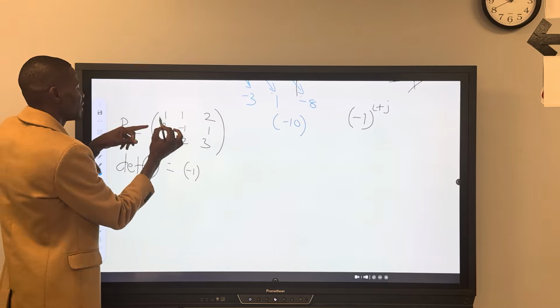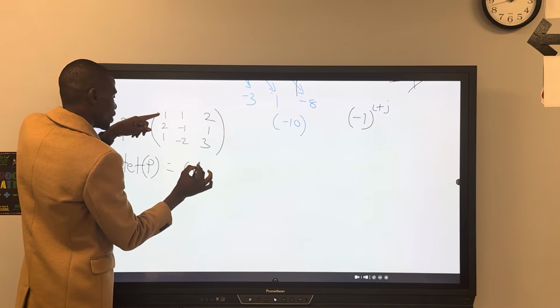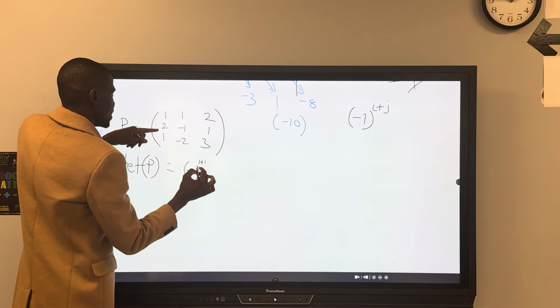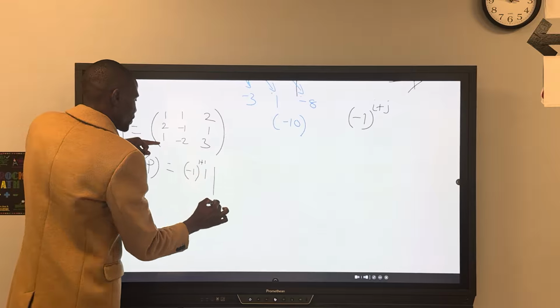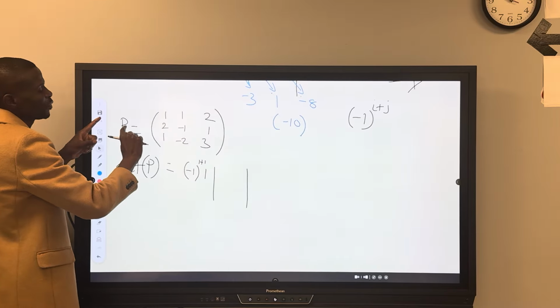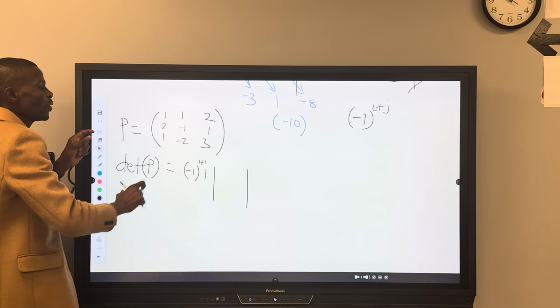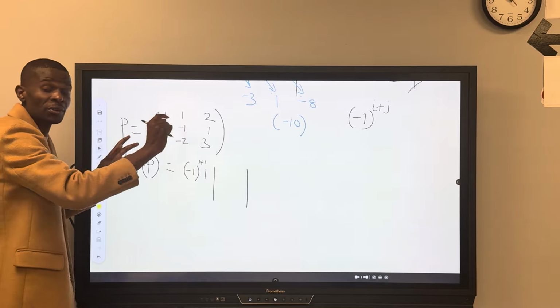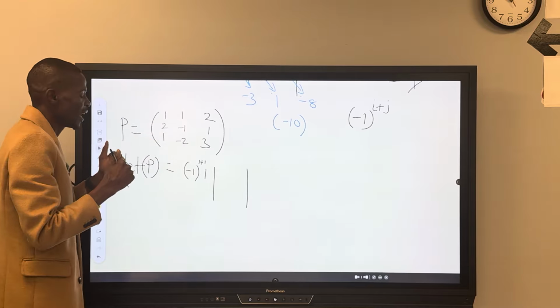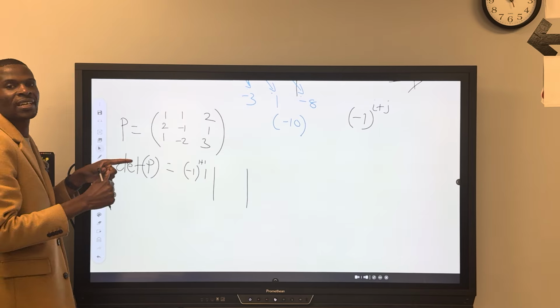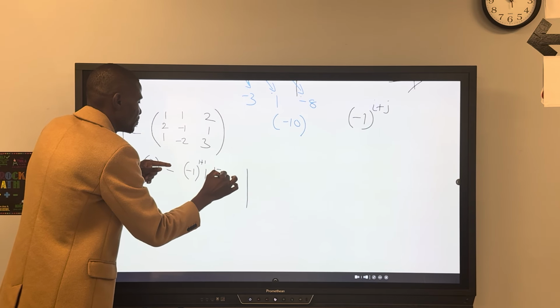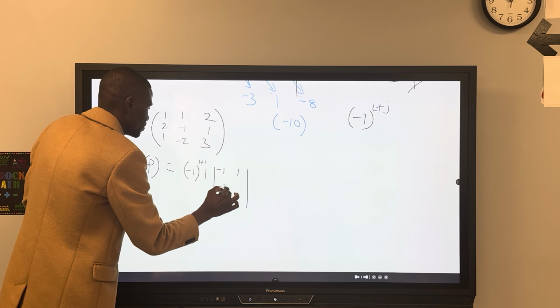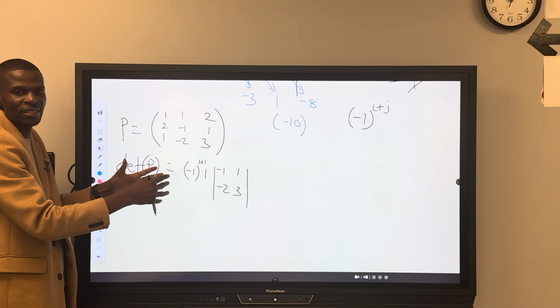This one is first row, first column, so I'm going to add, and then I put the 1. You delete the row and the column in which that element lies, then write down the remaining 2 by 2 matrix. Then you find the determinant of that.